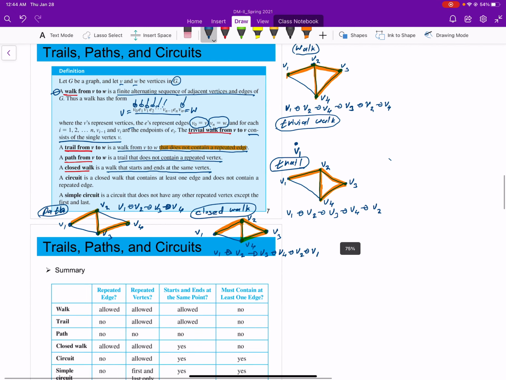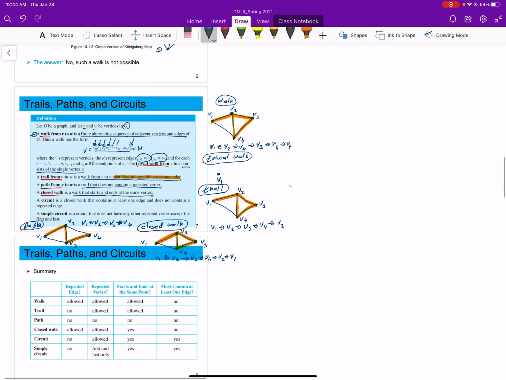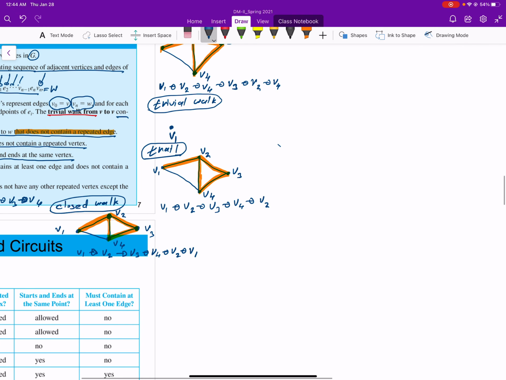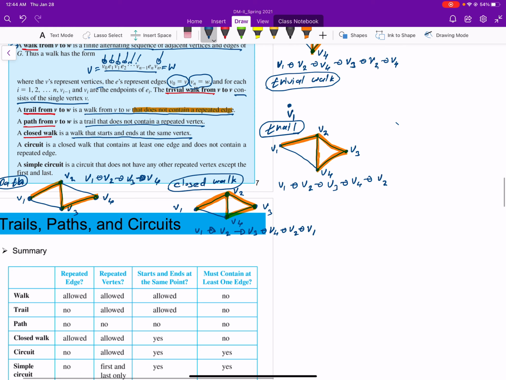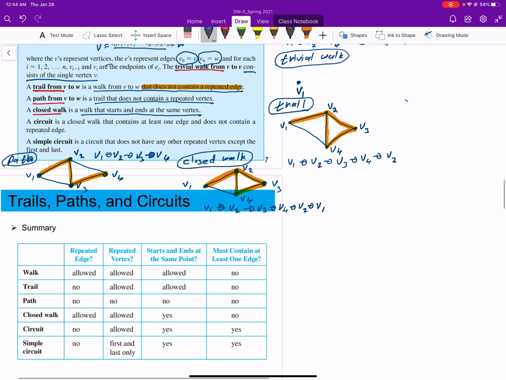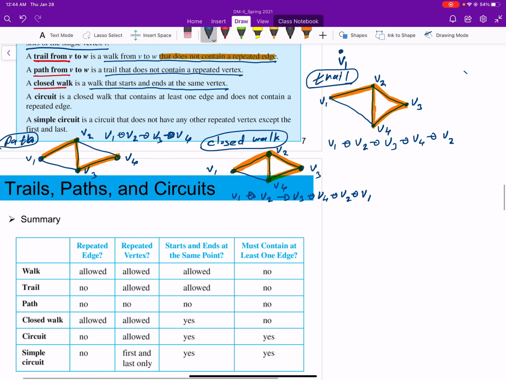Then I don't have enough space. I can go down. And then I'm going to talk about circuits. A circuit is a closed walk that contains at least one edge that does not contain a repeated edge.